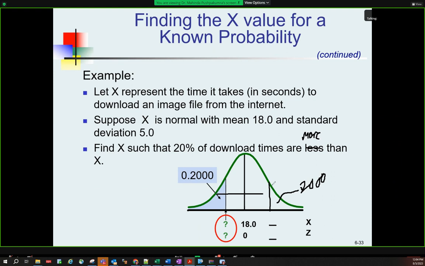If this area is 20%, this part is 80%. Then again, you can search for 0.8, then you can find the value here. Then using that z value, you can find the value for x.